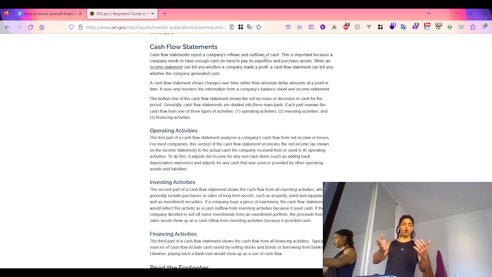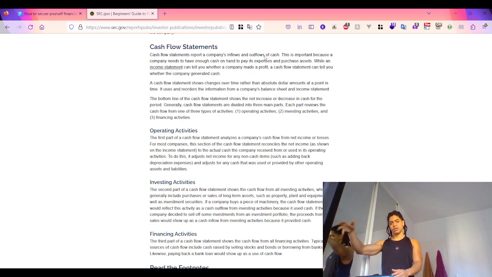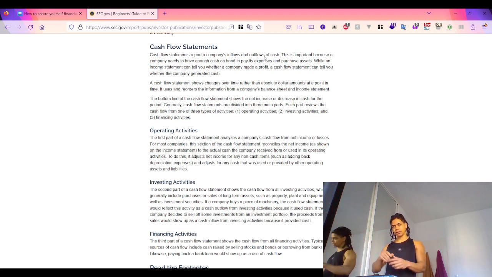Keep looking at other most common operating activities. Intangible assets like patents, which are exclusive rights given to the creator of an original work or inventors, so they can manufacture, distribute, and sell that invention over a period of time.